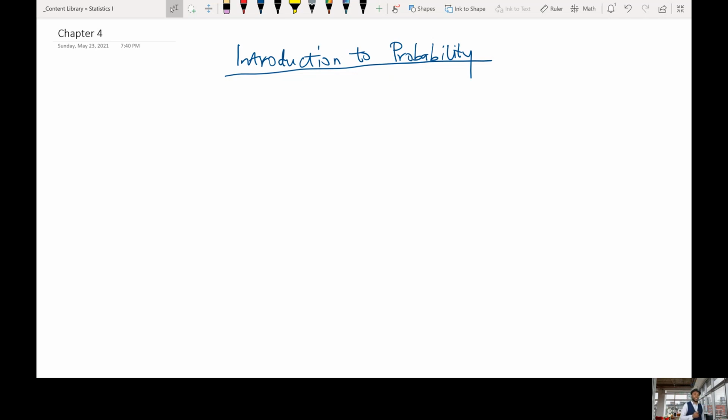What is probability? How would you define probability? Think about it. You can define a probability as the chance that a particular event will occur.